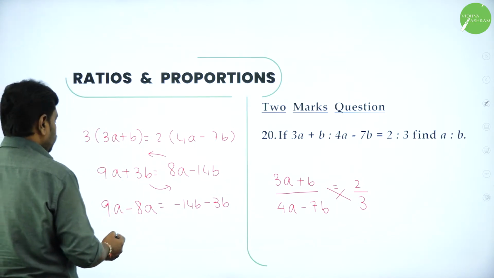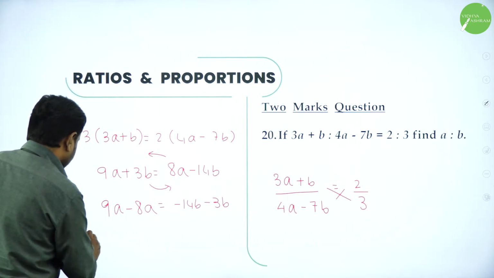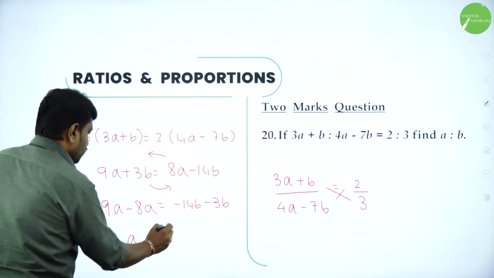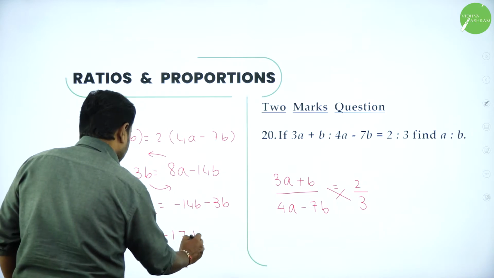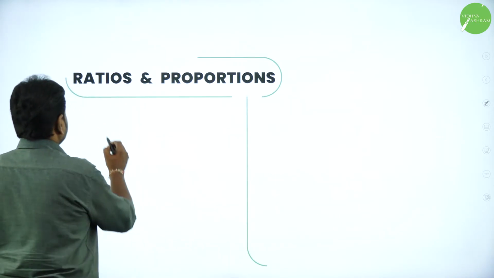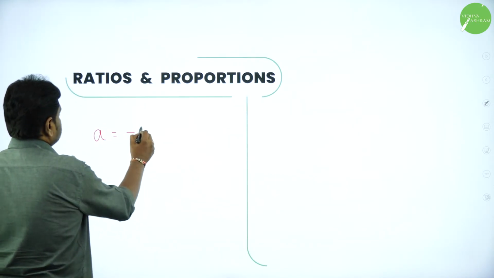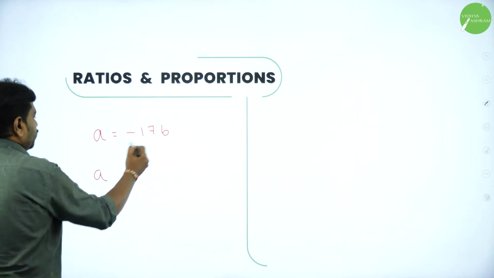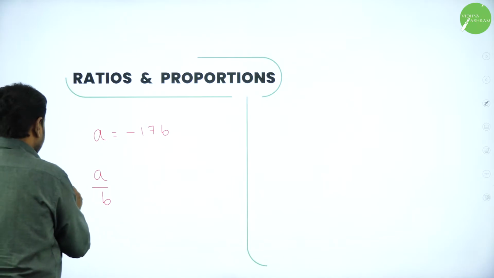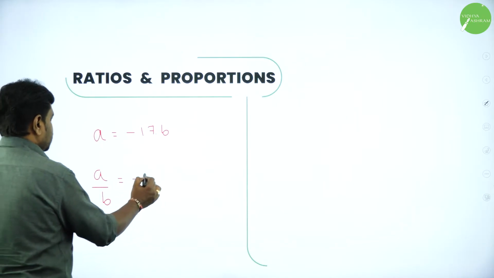Now simplify, you know 9a minus 8a is a, minus 14 minus 3 is minus 17b, like terms. So a is equal to minus 17b you got. So I need a by b. So bring b to this side. So it will become a by b. That implies a by b is minus 17.